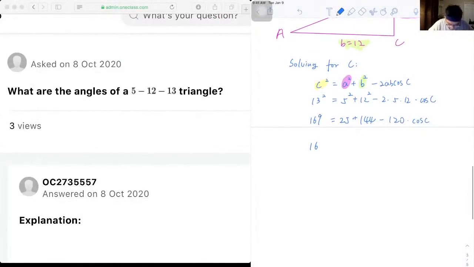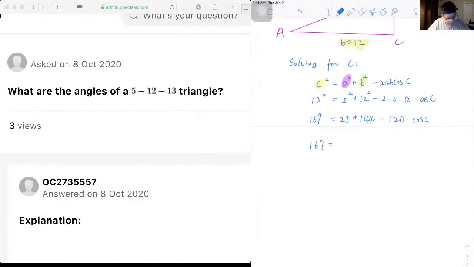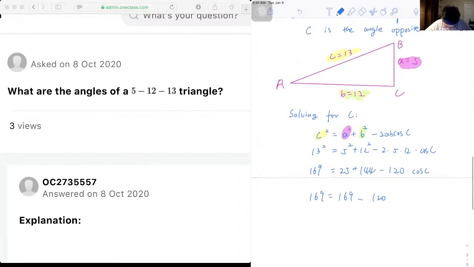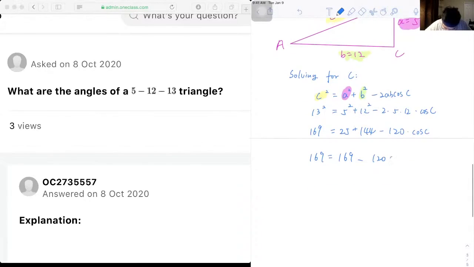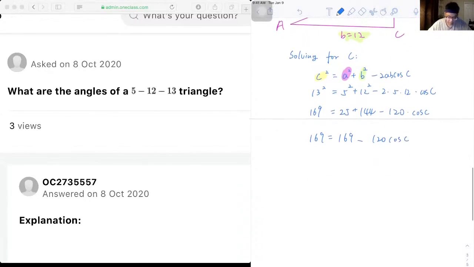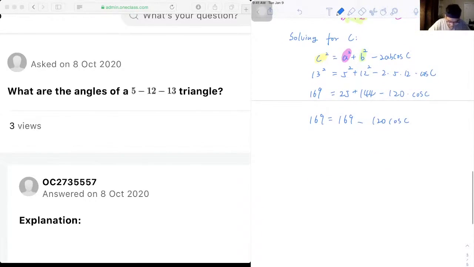Okay, it's good now. So 169 is equal to 25 plus 144, which is 169, minus 120 cosine C. Now we subtract 169 from both sides.